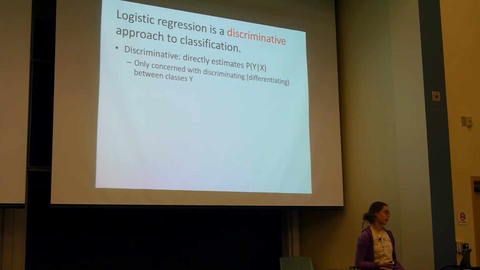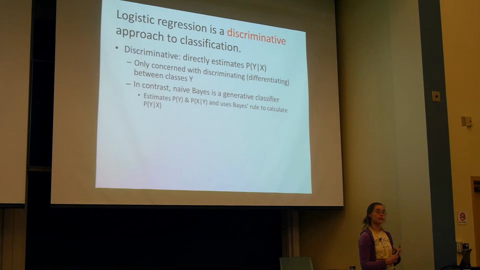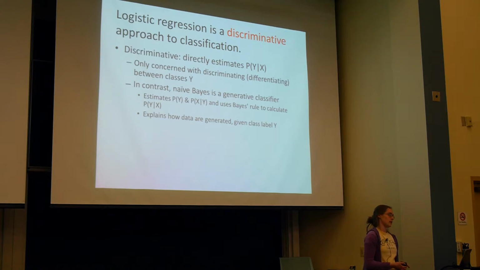That is, we're only interested in differentiating between classes y, whereas naive Bayes was generative in that it estimated P of y, the probability of a general class label, and also the probability of x given y, the probability of your data given its label, and then used Bayes rule to calculate P of y given x. So if you have that sort of model, it explains how the data are generated given your class label.